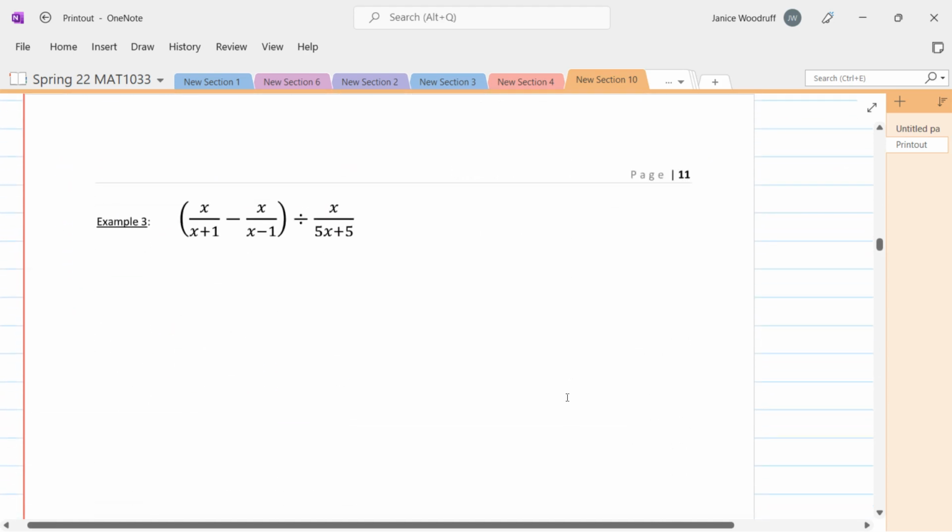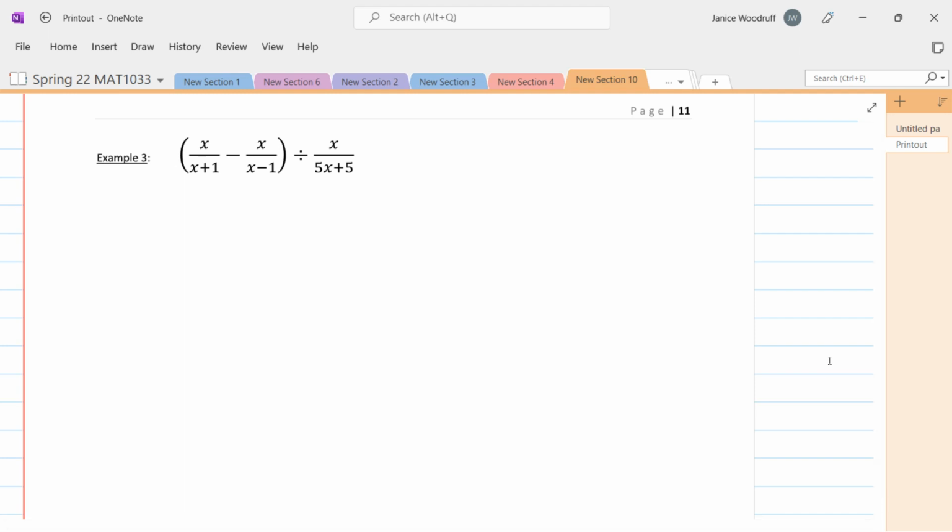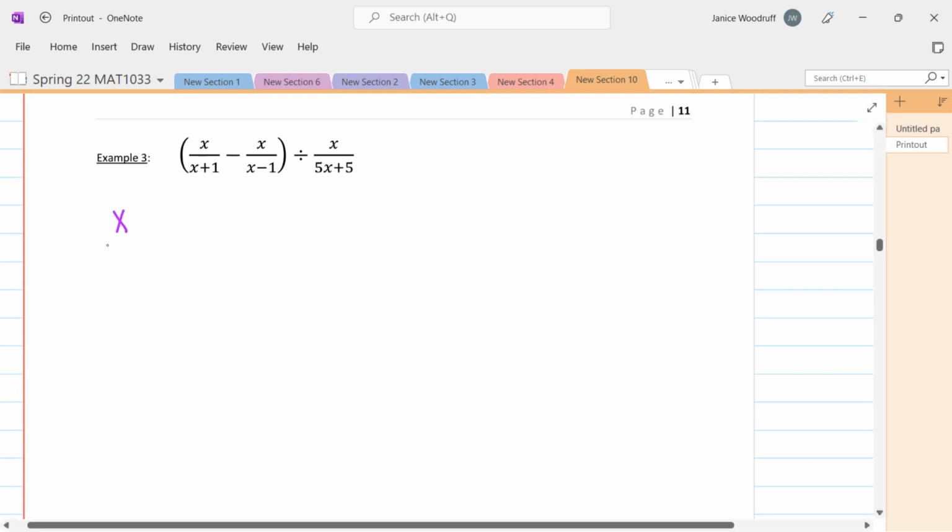Okay, so let's take a look at this problem, which is combining subtraction and division. So you can't divide until you do the subtraction first because the subtraction is in a parentheses. So we're going to want to do this subtraction first. So I'm just going to bring this out over here.